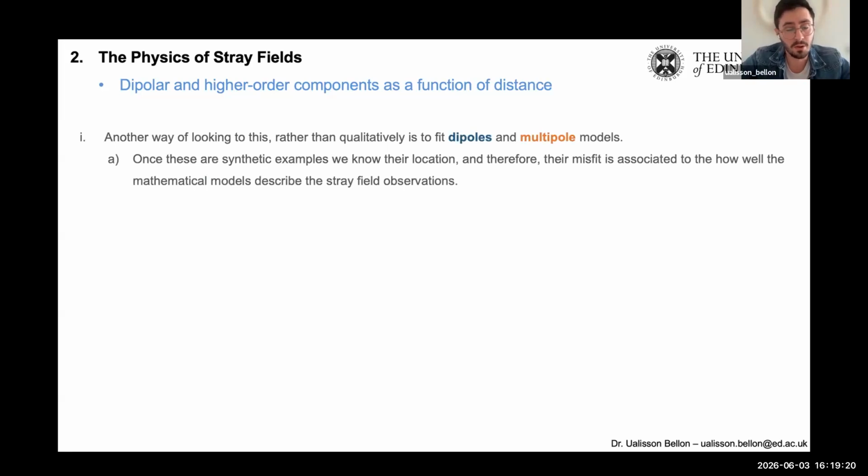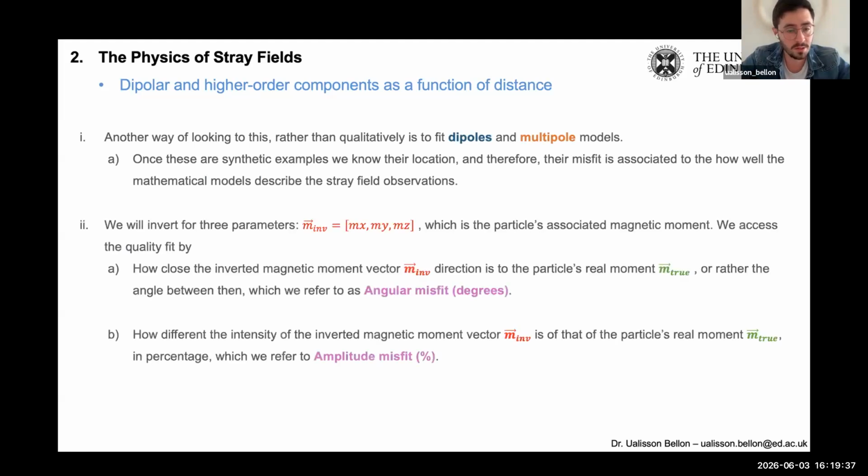You can try to fit a dipolar model or a multipole model. In the multipole model here, we are considering dipole, quadrupole, and octopolar components. So we're not fitting everything in terms of spherical harmonics, we're truncating it at octopole components. If we invert for the magnetic moments associated with these particles at different distances, we get mx, my, and mz, and we know the true magnetic moment because these are synthetic examples.